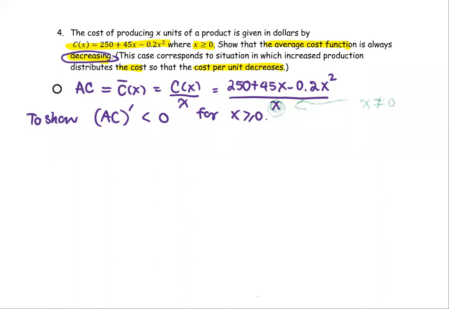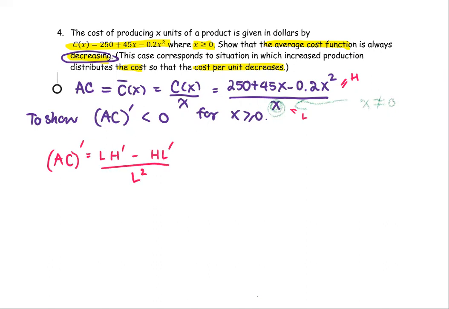From this, we keep going with finding the derivative. I will use the quotient rule because I see this as a quotient form. Identify the numerator as the high function and the denominator as the low function. The AC prime using the quotient rule is low d high minus high d low, over low squared.